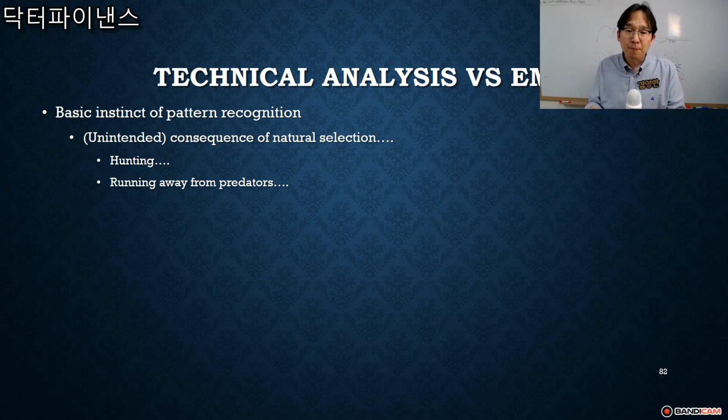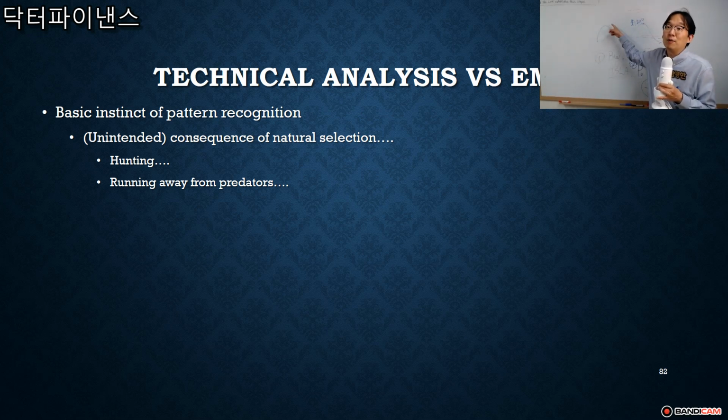Okay? The question is, that pattern recognition behavior shows up again whenever we see our stock price charts. And technical analysis guys are true to this pattern recognition instinct. Whereas the weak form market efficiency guy says, that's bullshit.